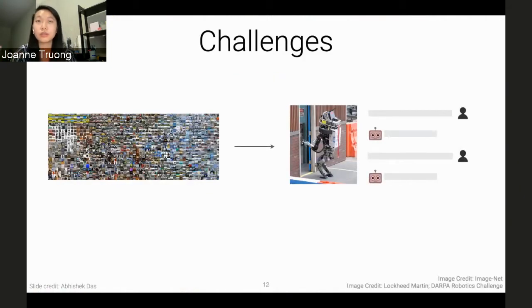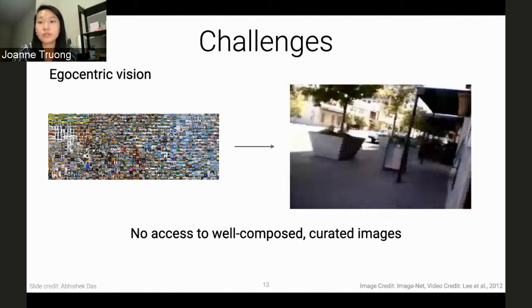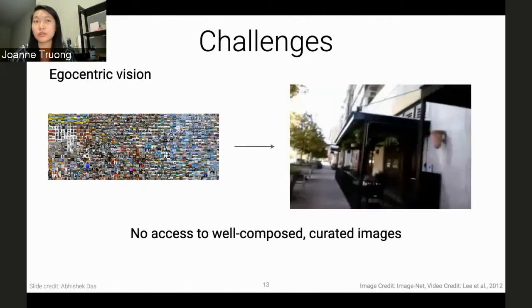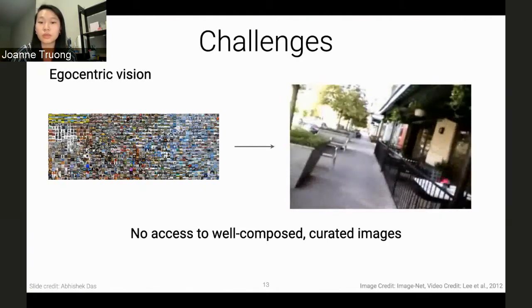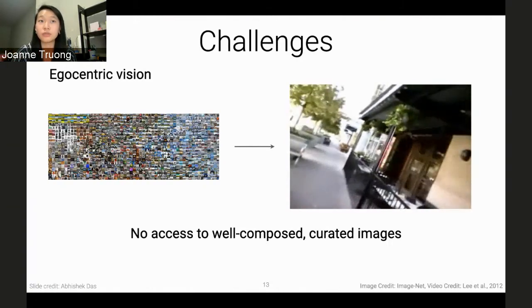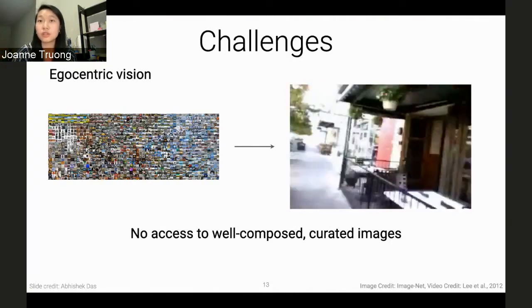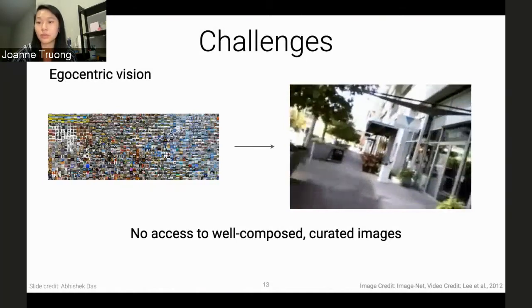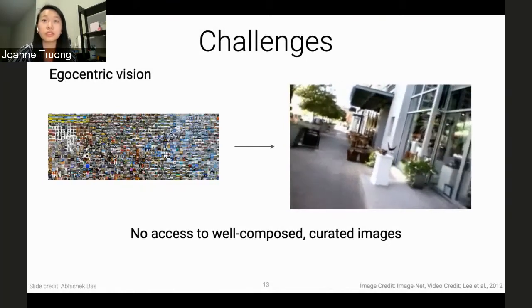And so deploying the models that we've trained in traditional internet vision paradigms is sort of incompatible with how these would be used for real robot applications. And I'll walk through some of these challenges now. So the first big problem is that the agent no longer has access to well-composed curated images. While images from ImageNet are very clear, let's say there's a dog in the photo, the dog is in the center of the photo, it's really prominent and is really well oriented in the picture.